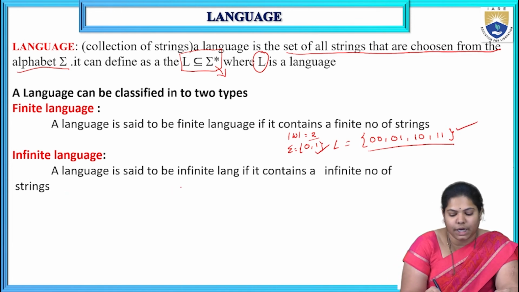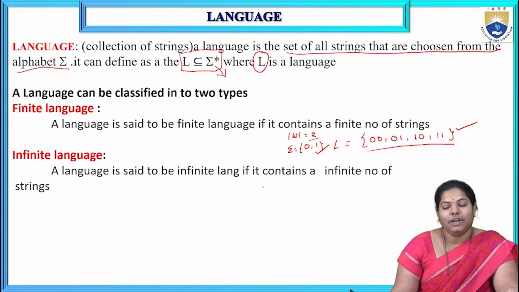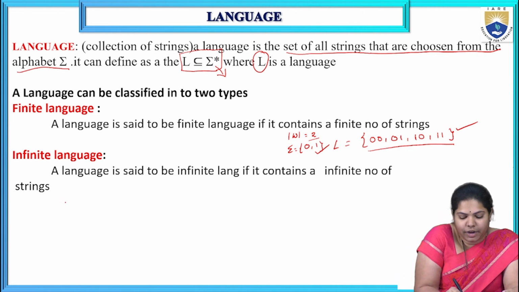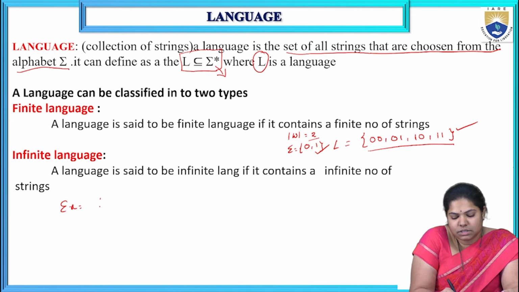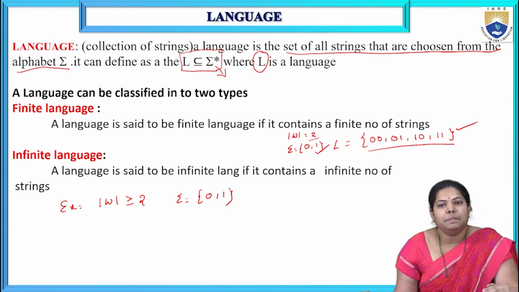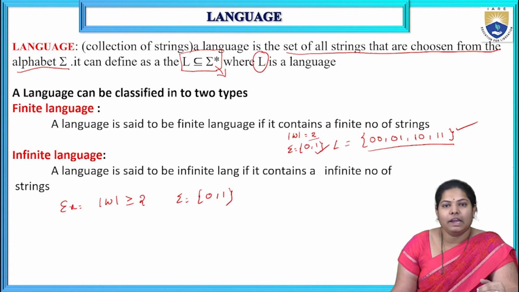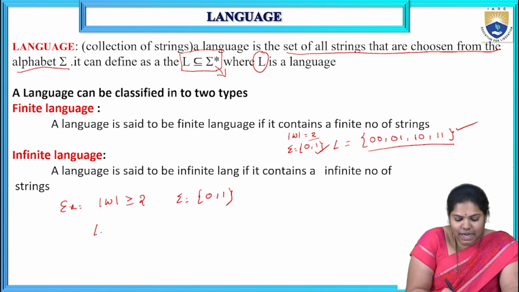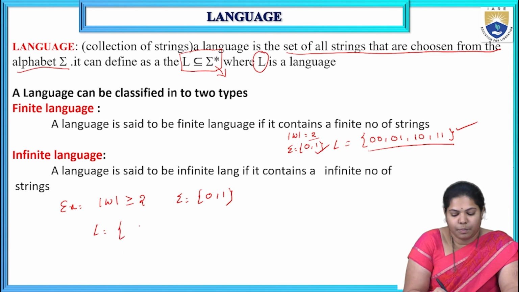And a language is said to be an infinite language if it contains an infinite number of strings. For example, if the string length is greater than or equal to 2 over the input symbols 0, 1, what are the possible outcomes?